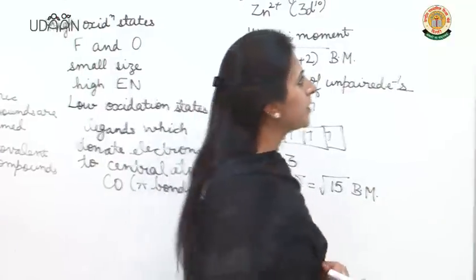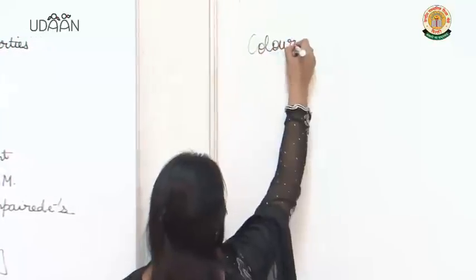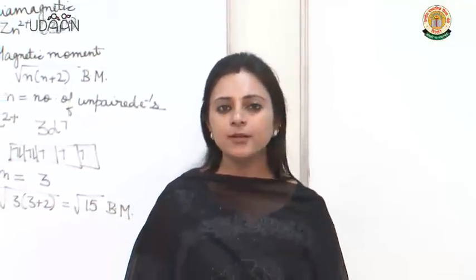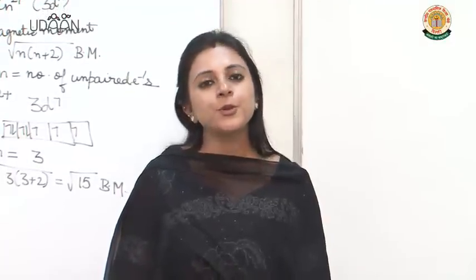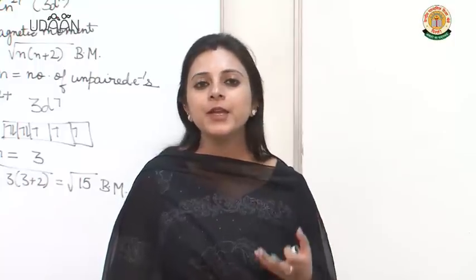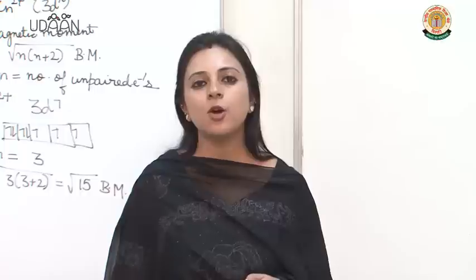Now let us discuss the color in transition elements. Transition elements are colored and their compounds are also colored. Color arises due to the presence of unpaired electrons and vacant or partially filled d orbitals.